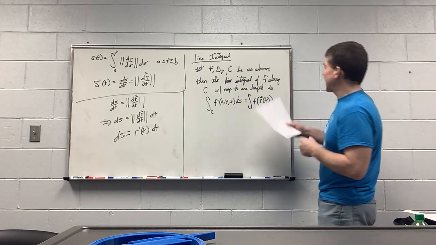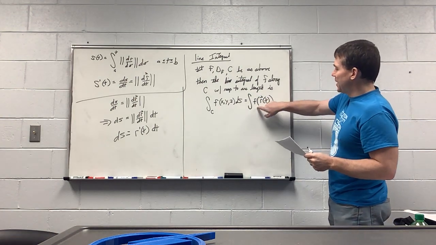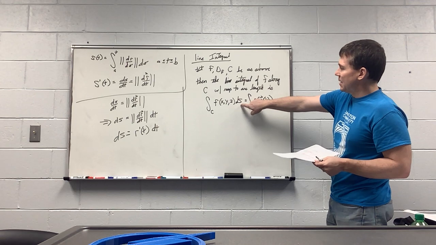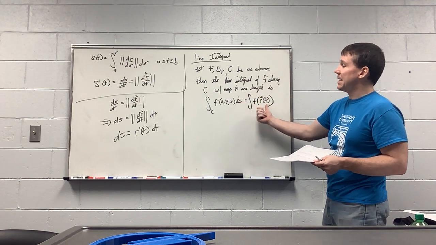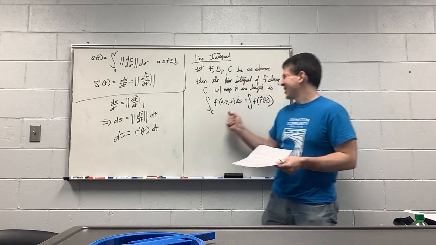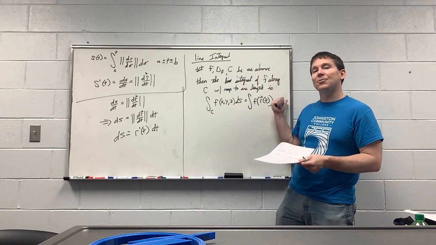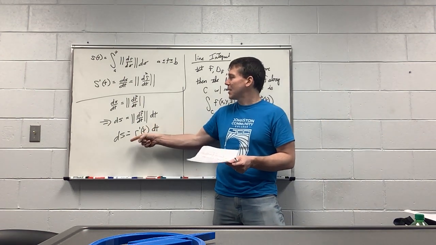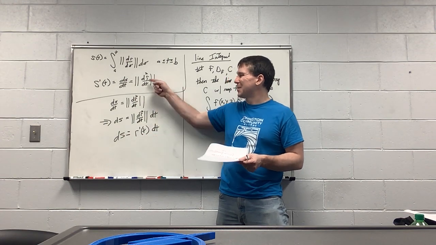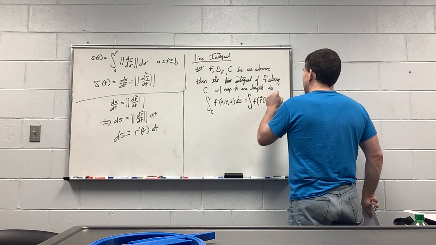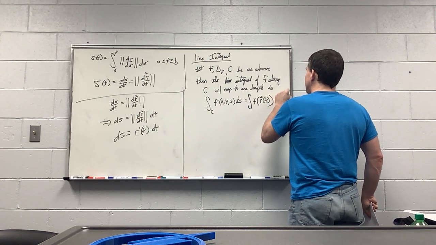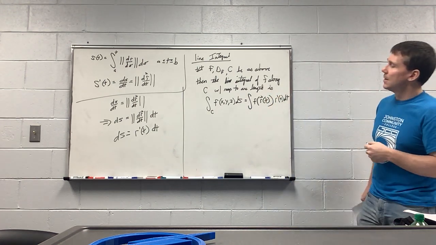But now this is with respect to t. This integral is with respect to s. I need a relationship between s and t, and in particular, the differential ds and the differential dt. But that's what I got right here from the arc length function, the fundamental theorem of calculus. So now ds is just the magnitude of r prime of t dt.